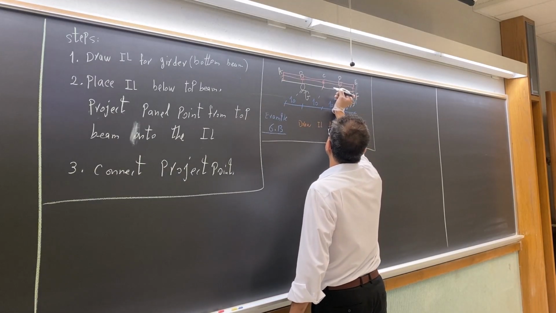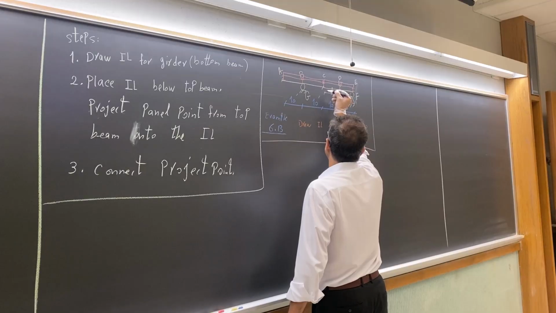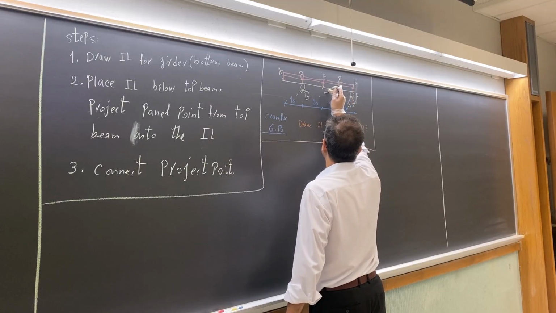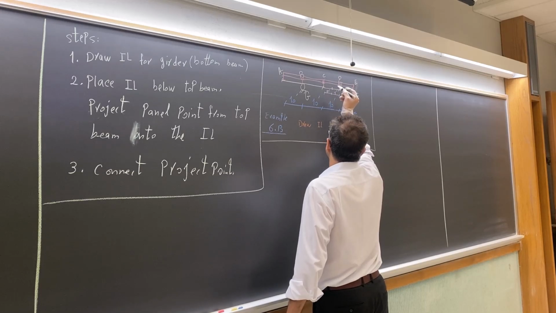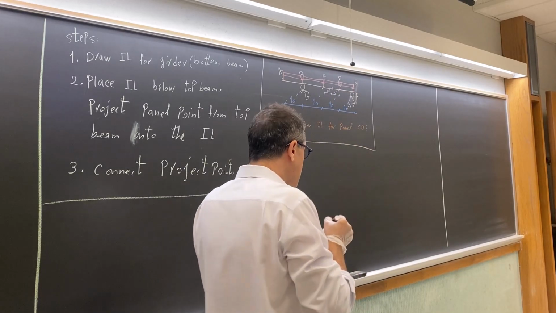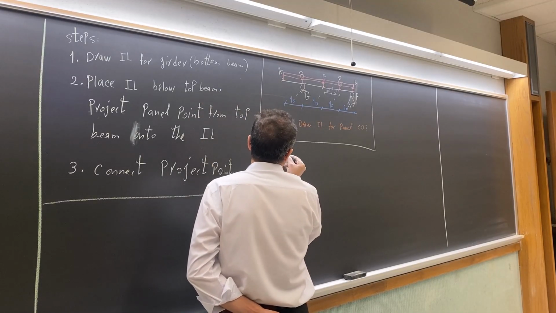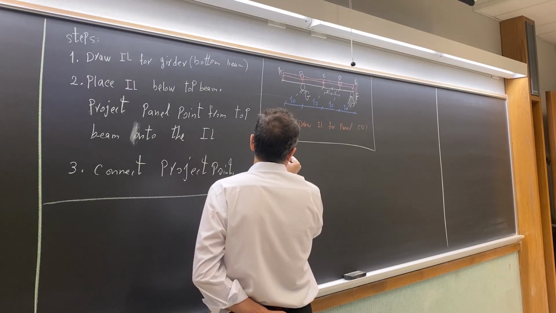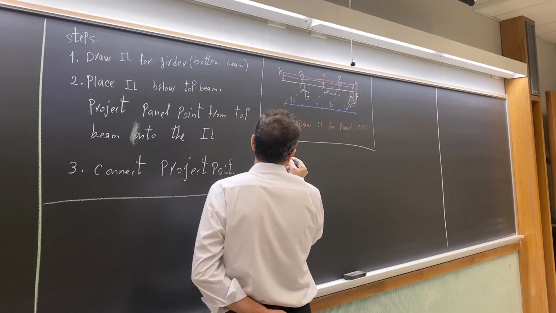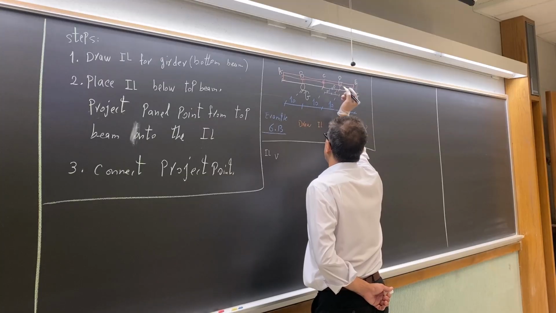So I consider this point, and because it is exactly in the middle, it is 5, 5. So we are going to draw the influence line for this point. Let's call it point O.